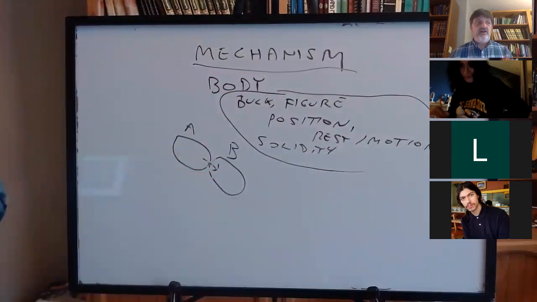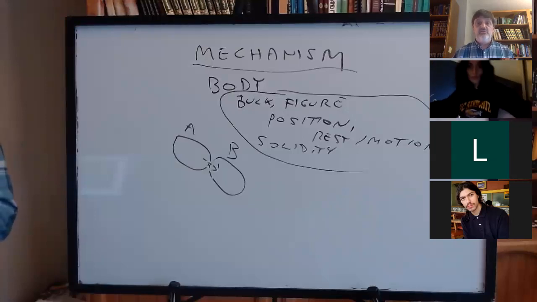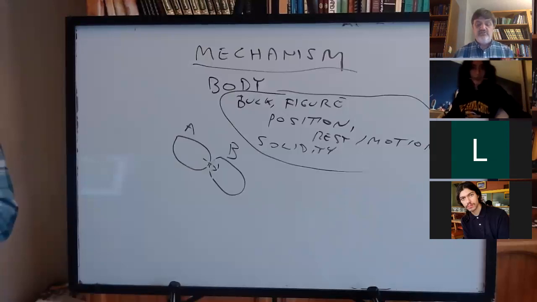And what about those other properties that we tend to attribute to bodies, like color, taste, smell, sound is sometimes listed here, although I don't think we really tend to say that a body has a sound, it makes a sound, but I don't know. Anyway, color, taste, smell, sound, and heat or cold. All of those things, according to mechanists, are not really in the bodies. They're really in us somehow.